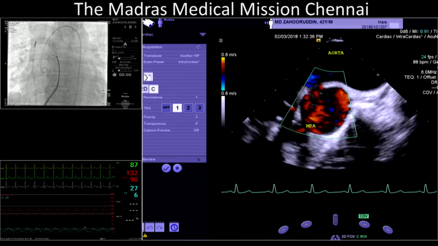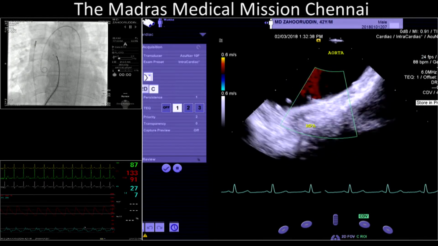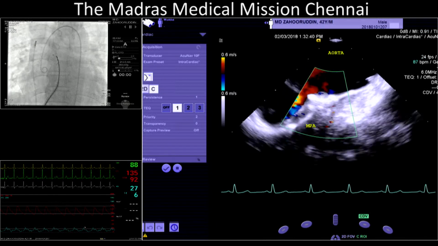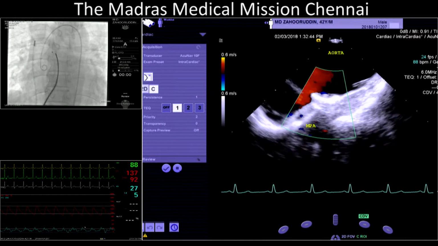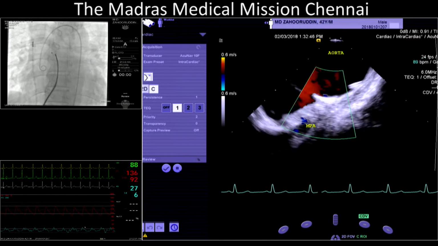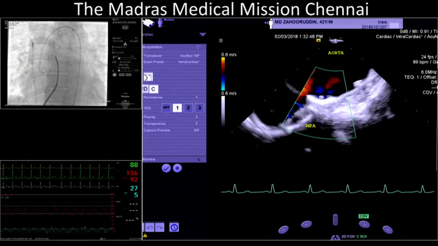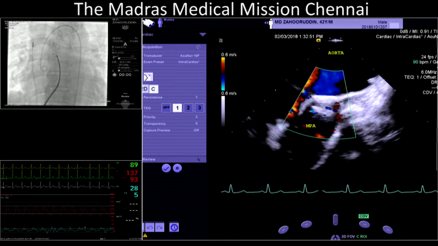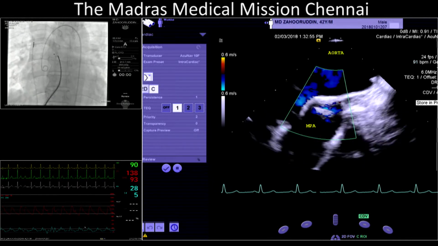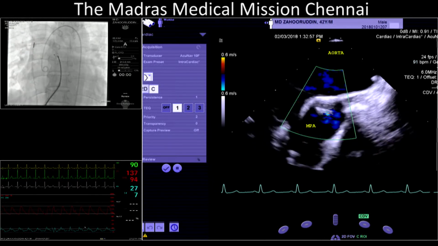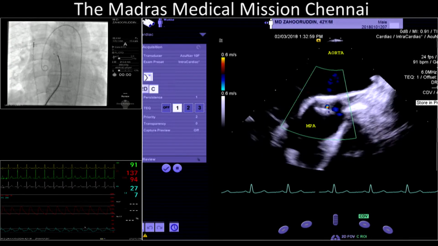Record it, Janani. Can you see that there is no continuous flow from the aorta into the pulmonary artery? Can you see, Dr. Dietmar, on the echo? Yes. Do you give contrast through the long sheath on the pulmonary side?